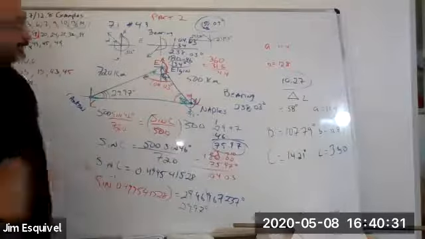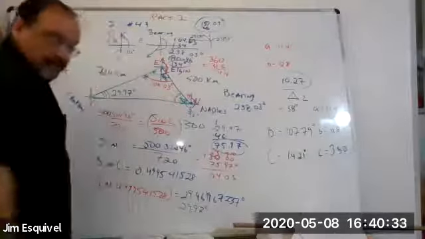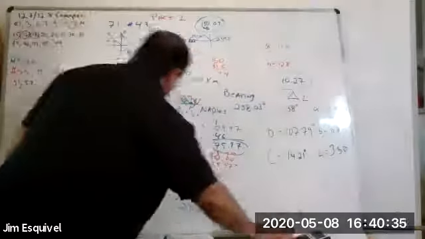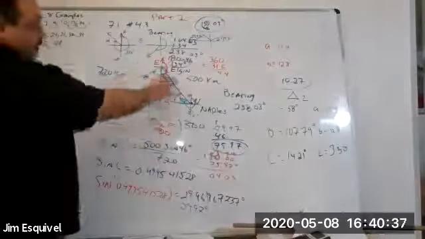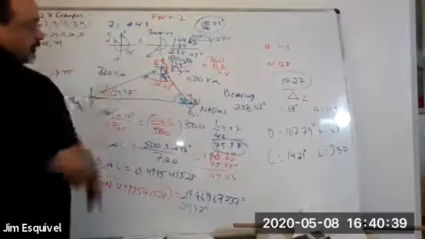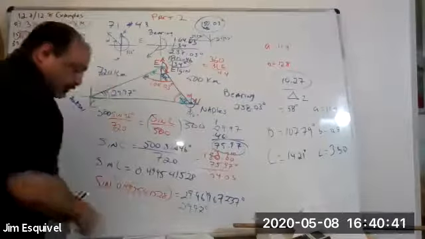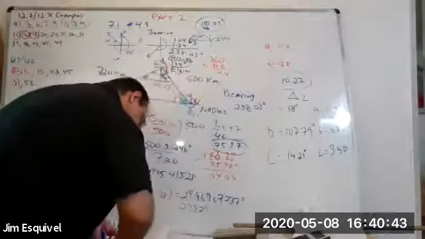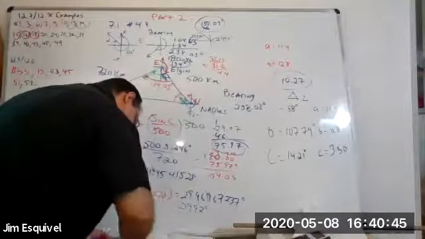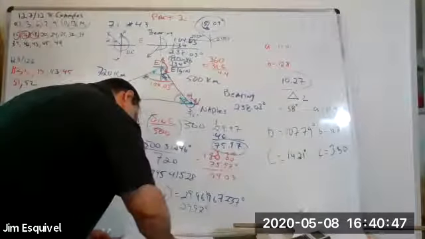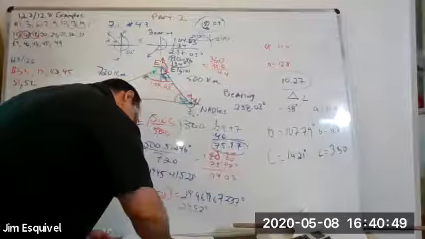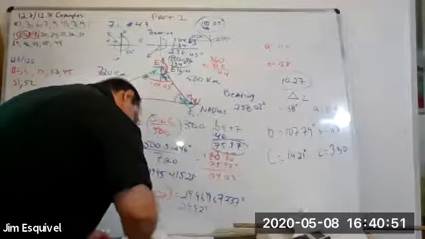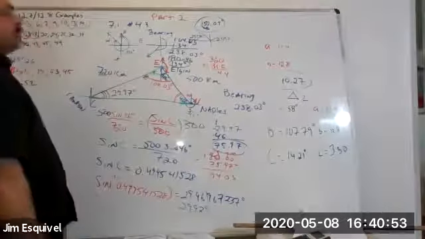It's imperative you draw the picture. And like I said, on your test, I'm only going to give you the bearings and the directions. You have to draw the picture from the words. Now they have 240.03.